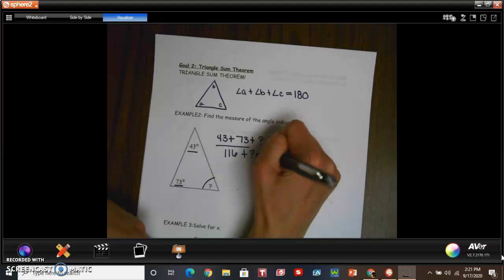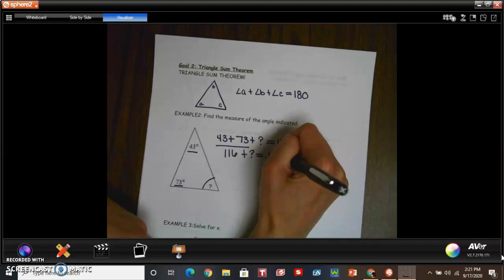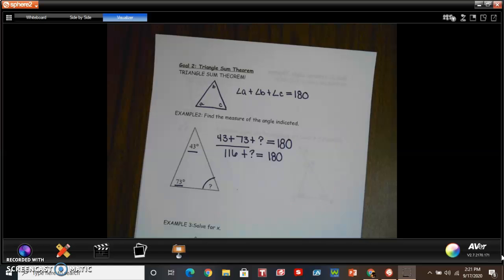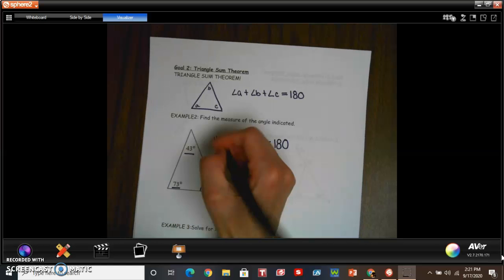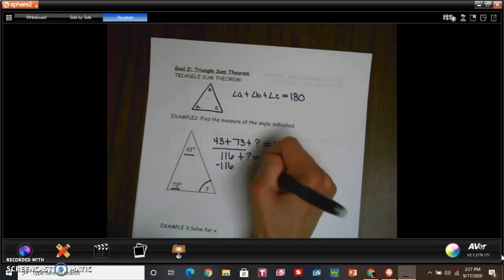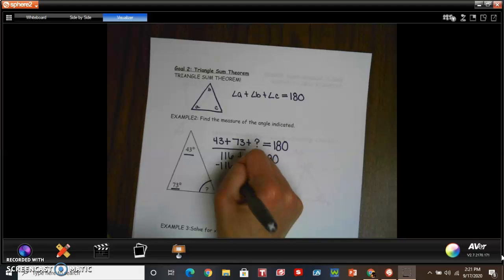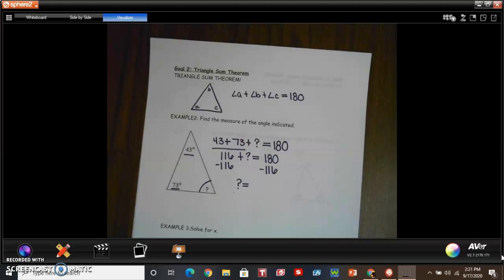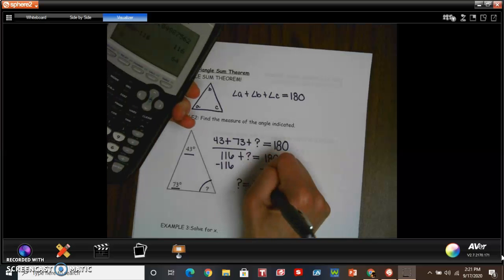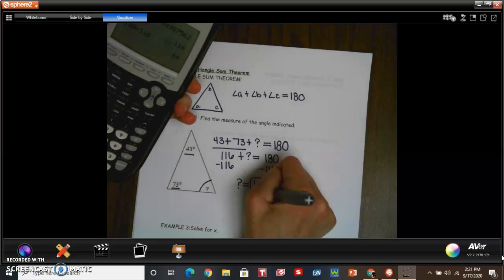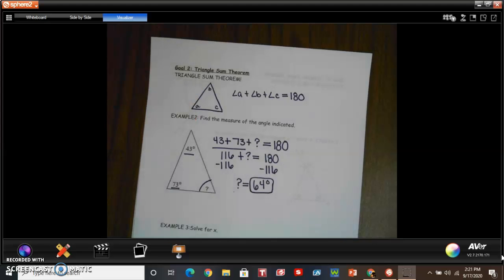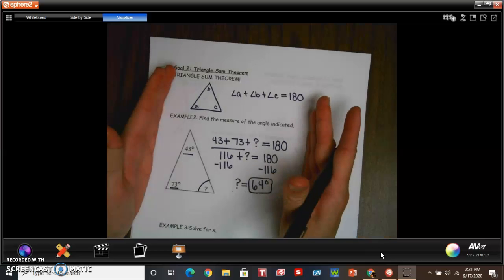But that's why we have calculators. To get our question mark by itself, we need to do the opposite of a positive 116, which is a negative 116. So our answer is 64 degrees. Ta-da! You'll have questions like this on your homework where you're finding an indicated angle. This is an exact problem from your homework.